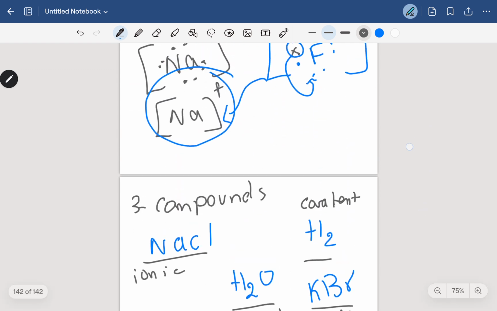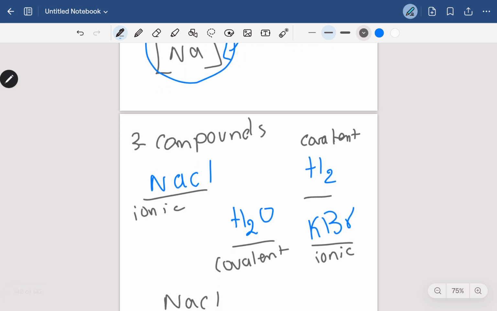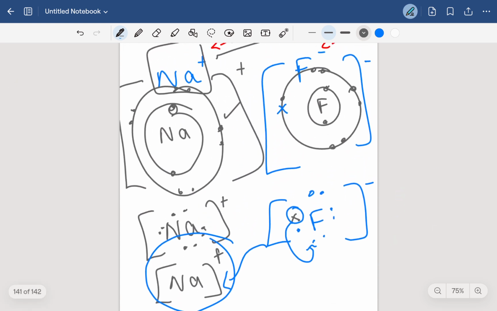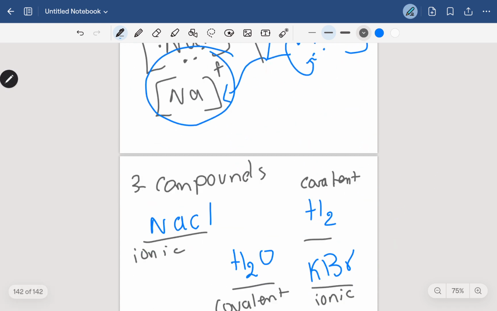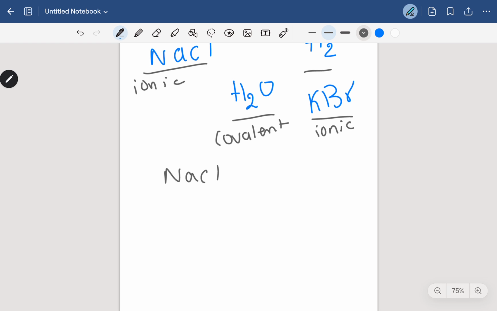So when it is ionic, what we're going to do is represent it like this. Now I'm going to show you the difference between ionic bonds and covalent bonds represented by the electronic representation of atoms.